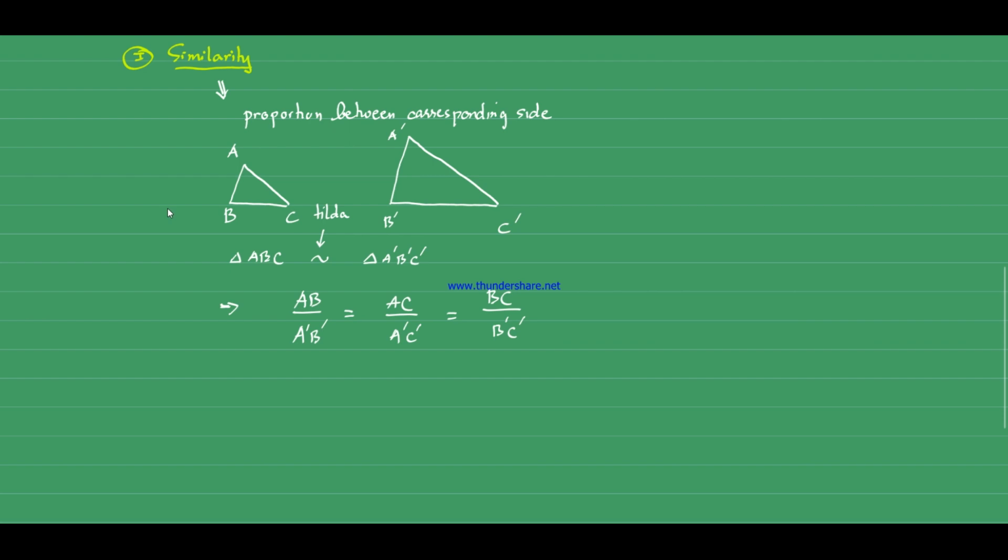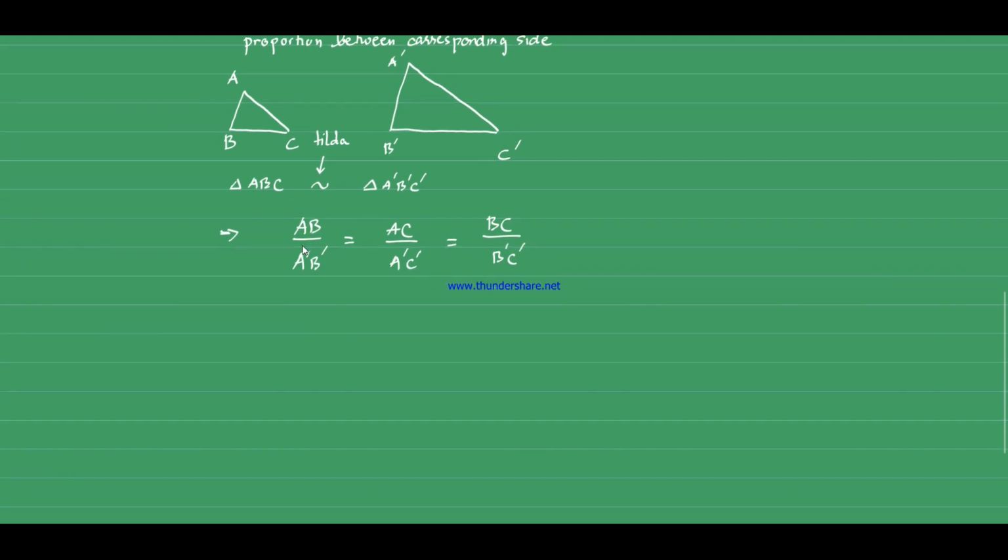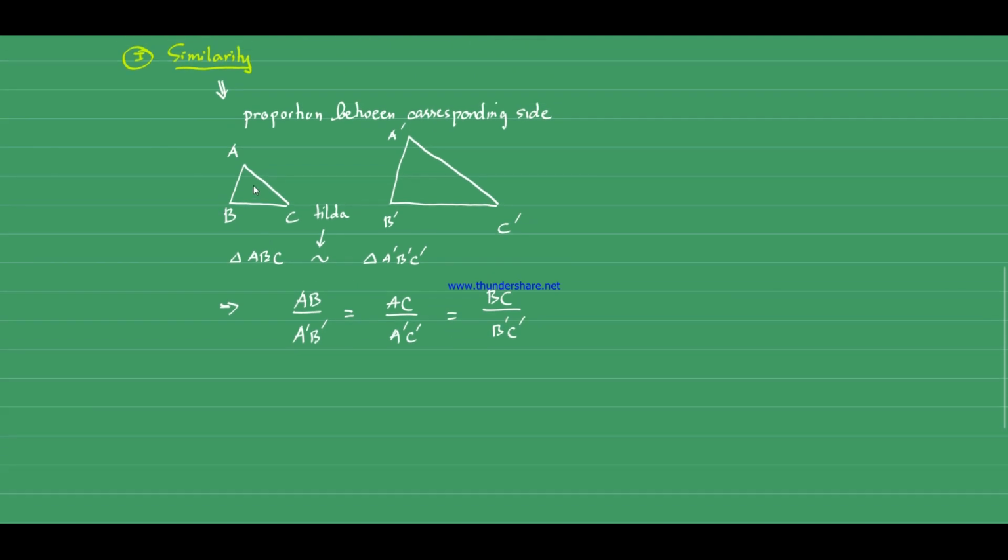I forgot to mention that over here we talk about the ratio between the sides. For similarity, we also have congruent angles. The corresponding angles must be congruent.